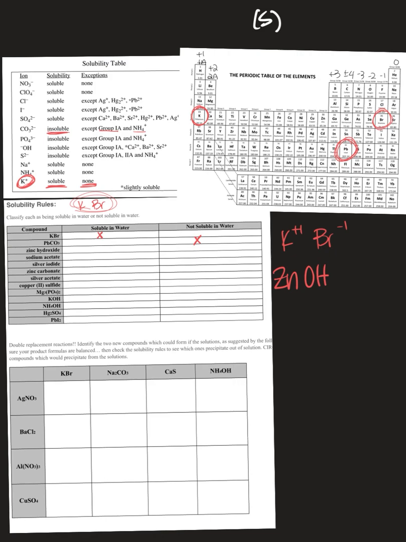What does it say about -OH? It is mostly going to be insoluble, except when with a group 1A ion, calcium, barium, or strontium, which we don't have. We're with zinc, so it's not soluble in water. Everybody get the gist of that?